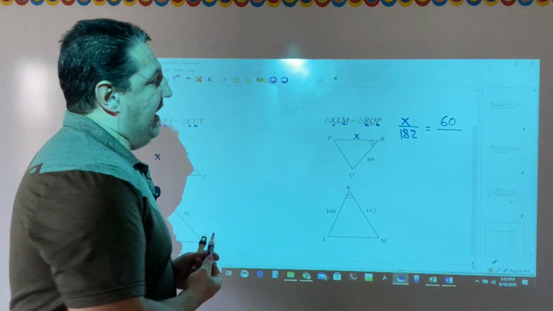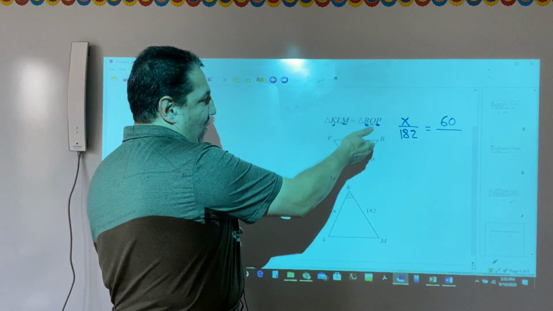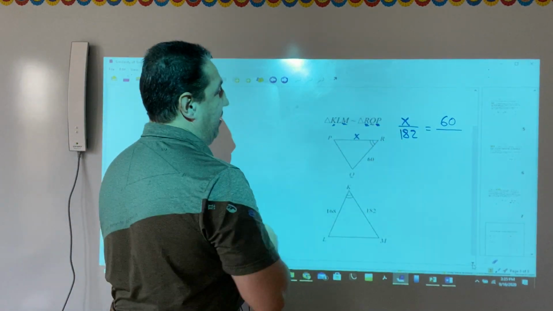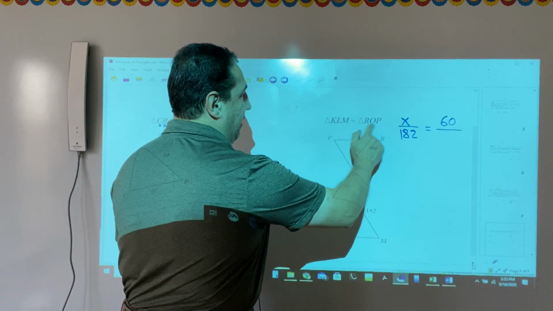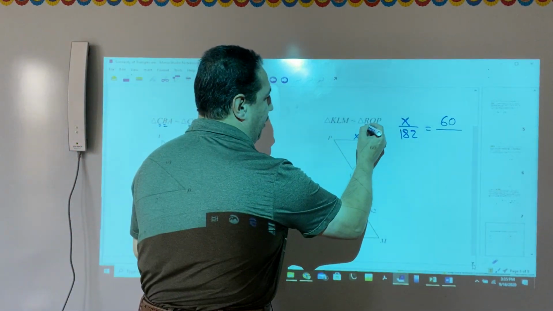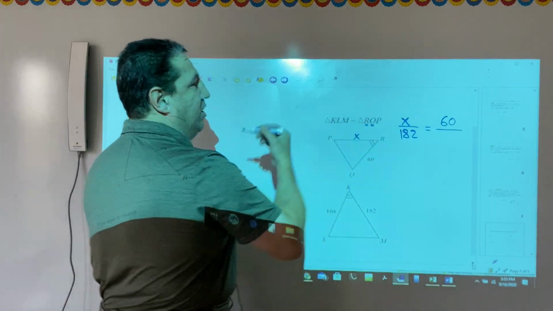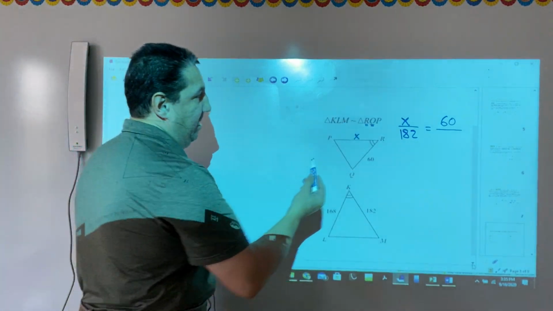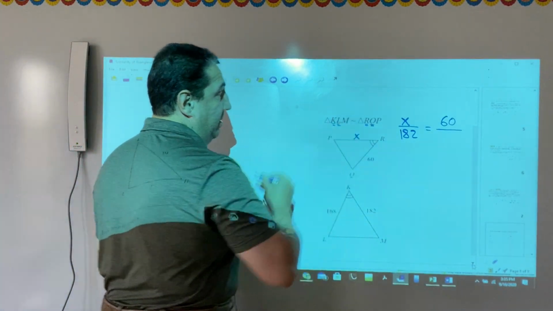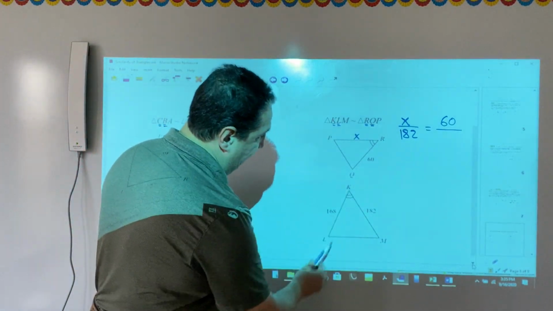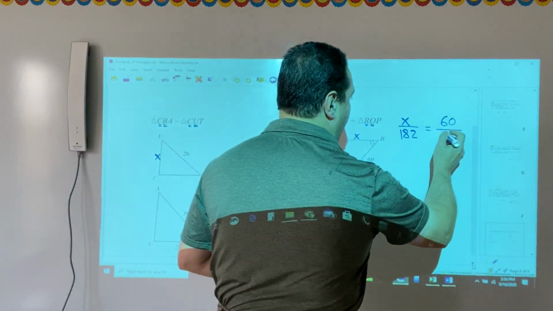Good. Now, we have to identify the corresponding side for RQ in the other triangle. Again, we look at the place of the letters. So, RQ is right here, right? What is the corresponding side for RQ in the other triangle? It is KL. KL is 168. You put it in the bottom.